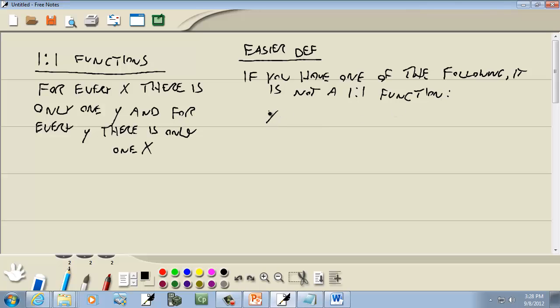If you have x squared, x to the fourth, or x to an even power, it's not a function. If you have y squared, y to the fourth, y to an even power, it's not a one-to-one function.